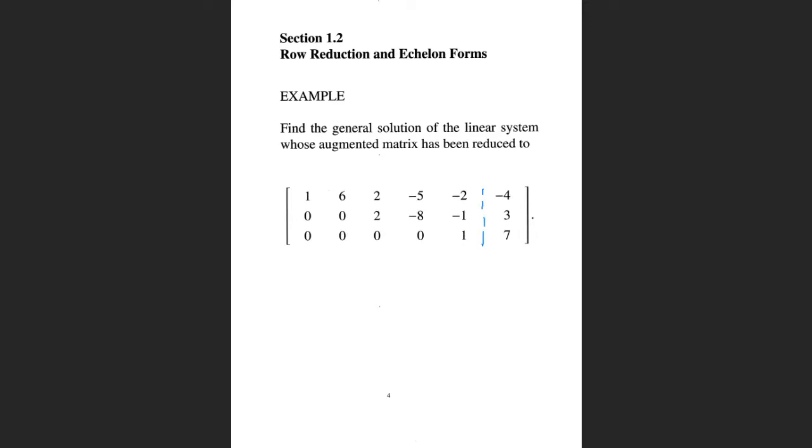The last row here reads 1x5 equals 7. So we're not going to have an issue with that. Now I got to be a little bit careful here.